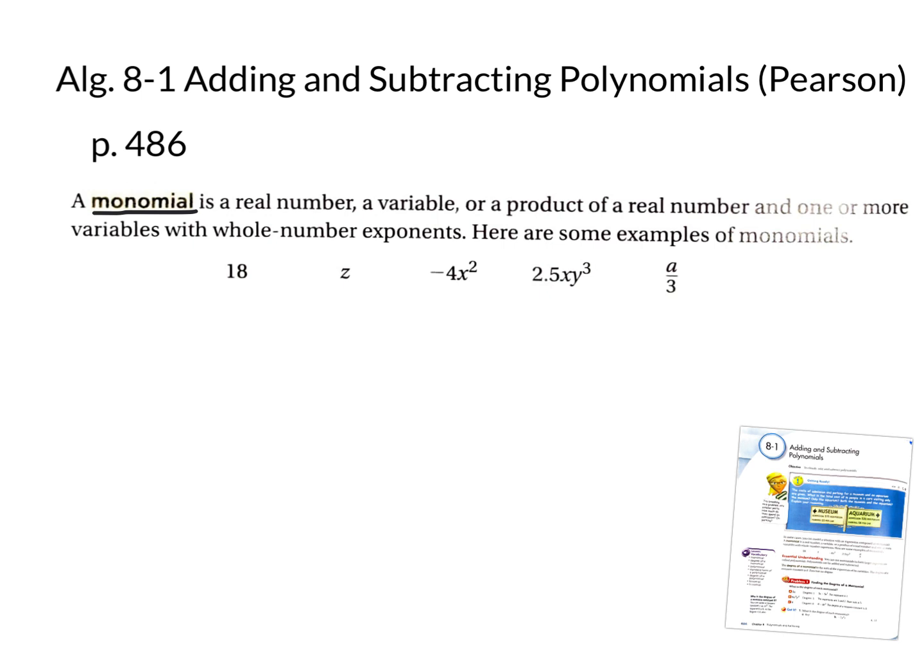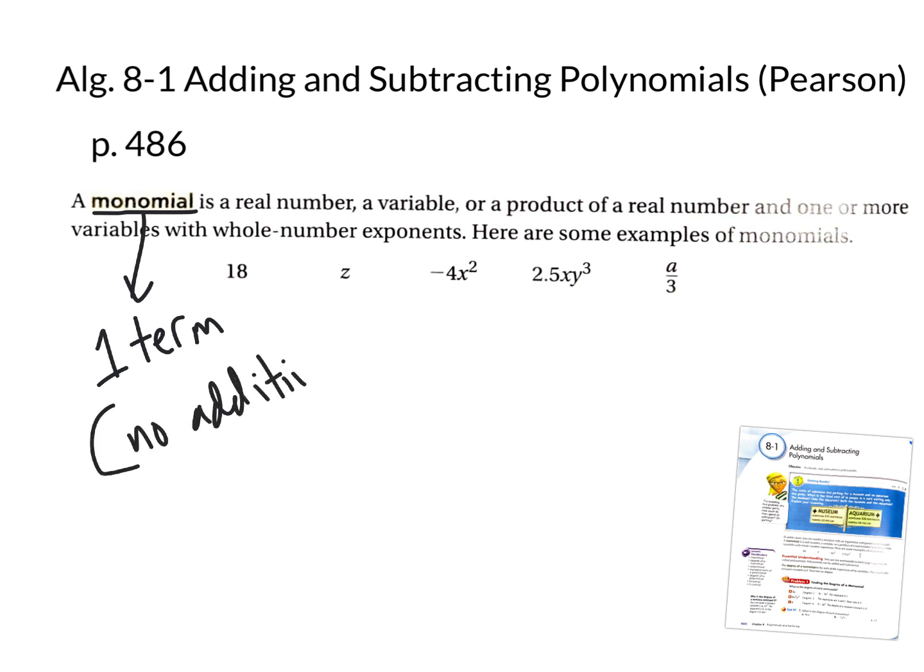So here are some examples. If we have just a constant like 18, that's a monomial. Basically, with a monomial, we're thinking that it's just got one term. If there's no addition or subtraction, then it's going to be a monomial.